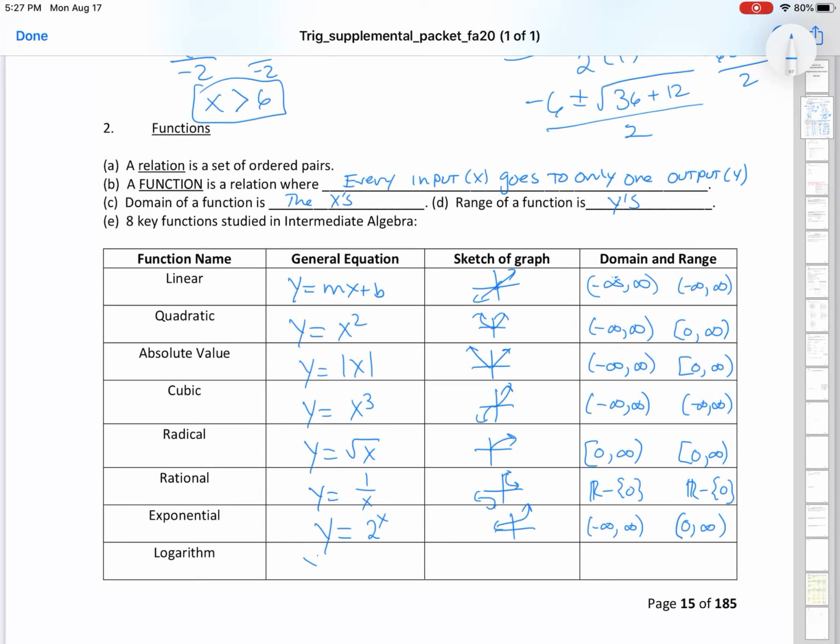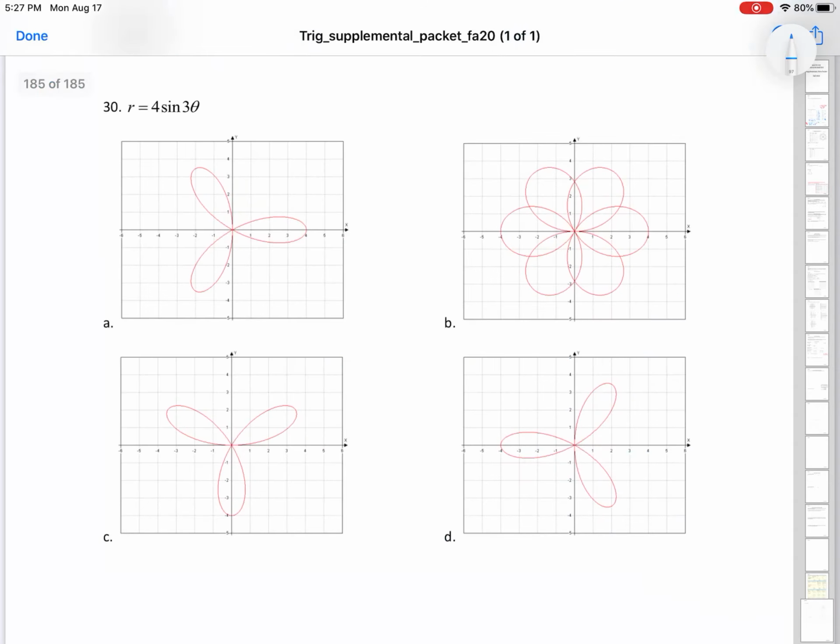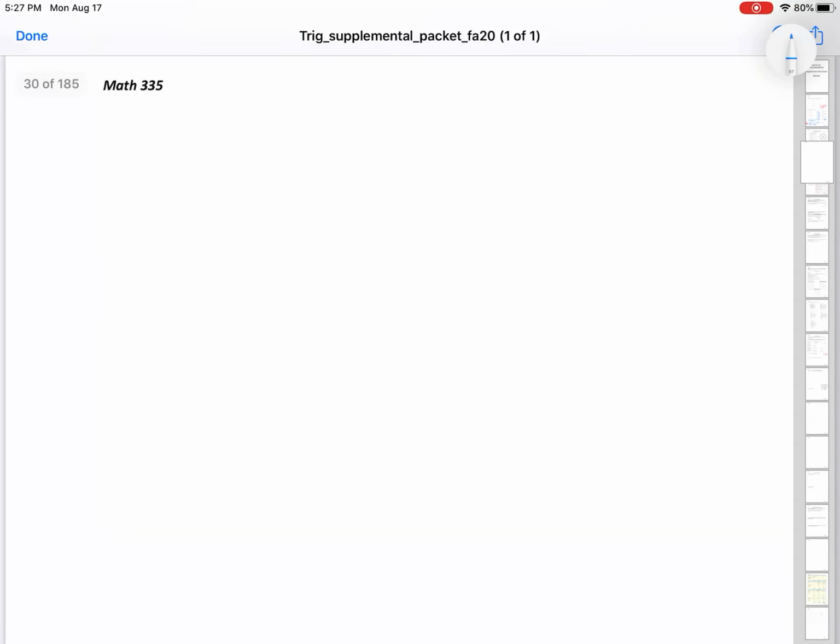And the log function would be y equals log base 2 of x. And the graph of that guy would be, it's actually the inverse of this guy, so it looks just like this. Oops, I did that again, sorry.